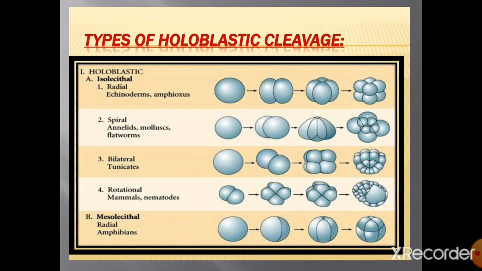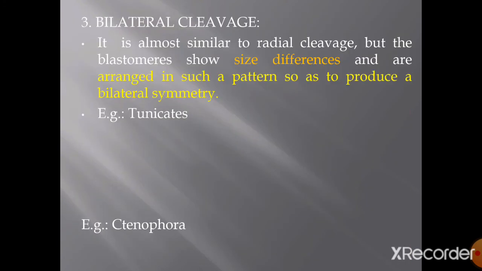Now, this is a slide showing you all the different types of cleavages. Radial cleavage, I am yet to teach, so make a note of it. Spiral cleavage, I have already shown you. Then bilateral cleavage, which I will tell you now.